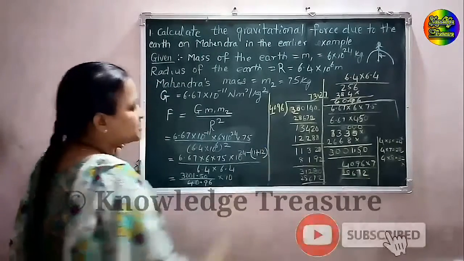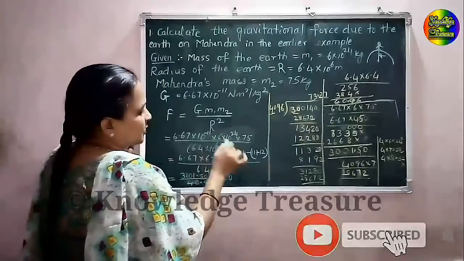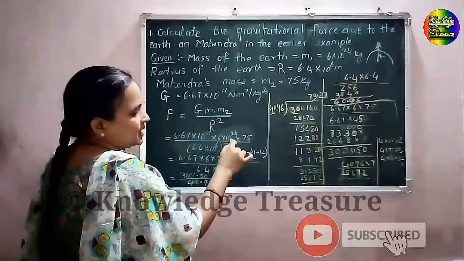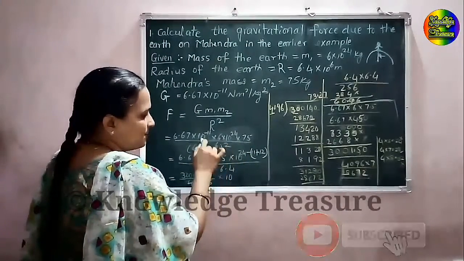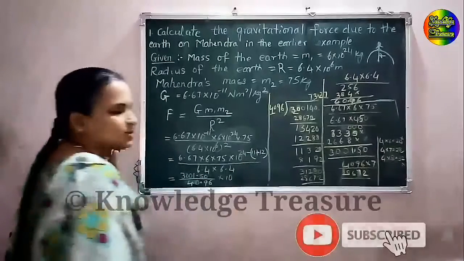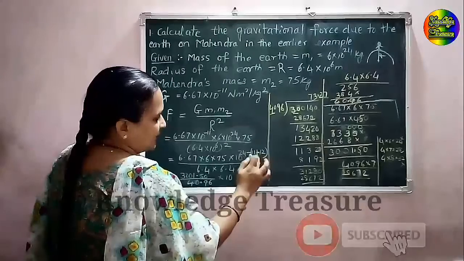How are you getting this? We know the law of indices: a power m into a power n is nothing but a power m plus n. You can write minus 11 plus 24, that is also okay.